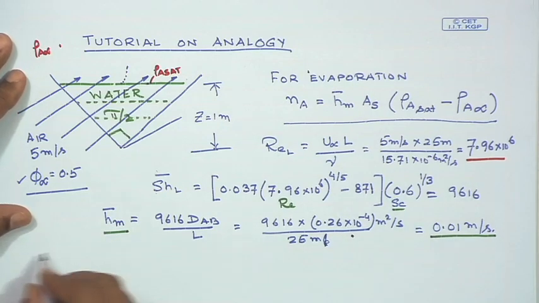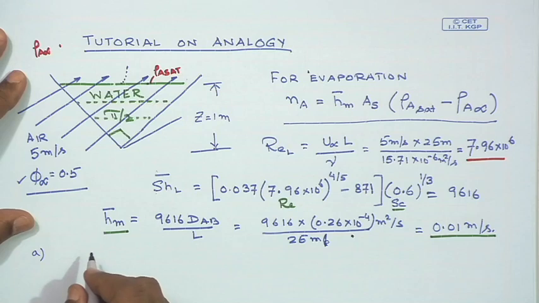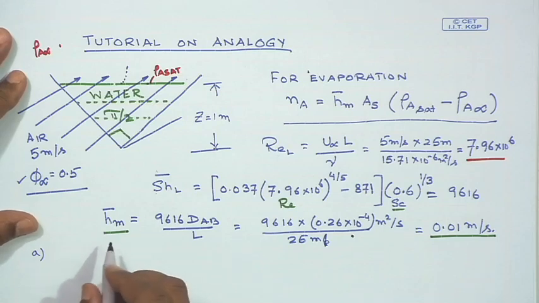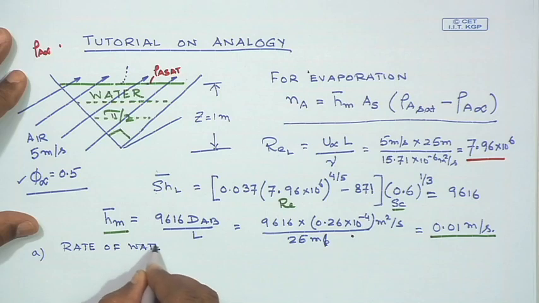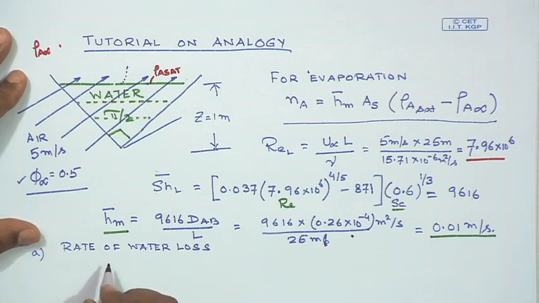Once you calculate the convective mass transfer coefficient, what you have to find out is the rate of water loss. The rate of water loss, if I express it in terms of mass, is N_A, where A is the species, which in this case is water, and N is the time rate of mass of water leaving the interface.